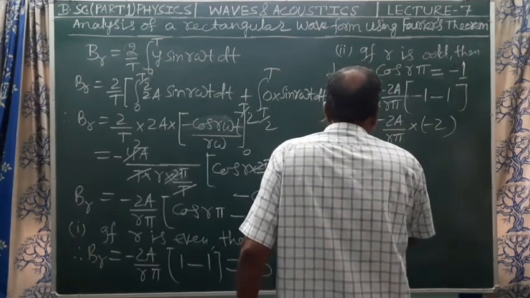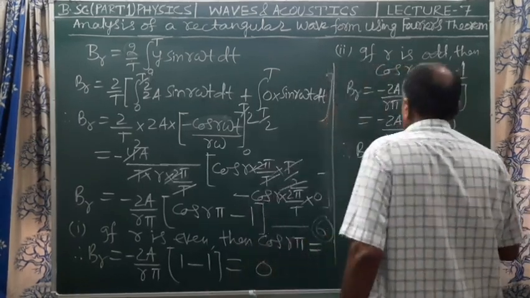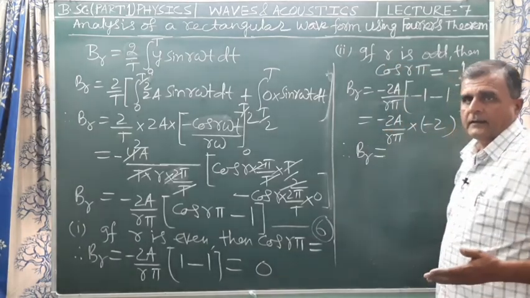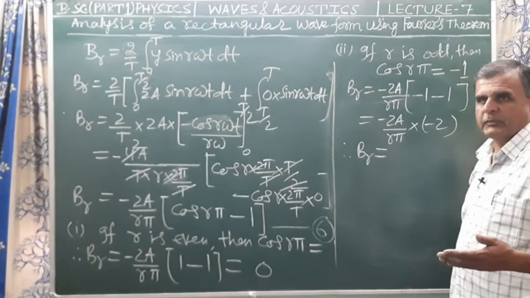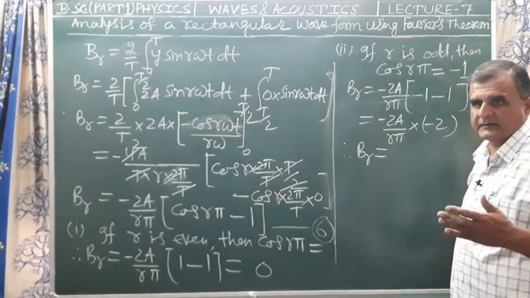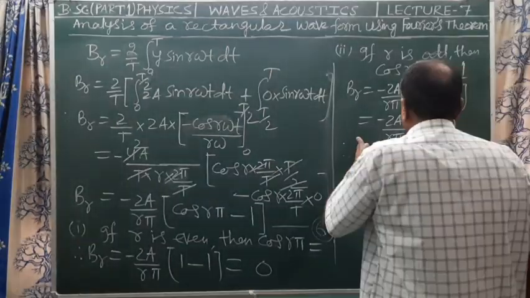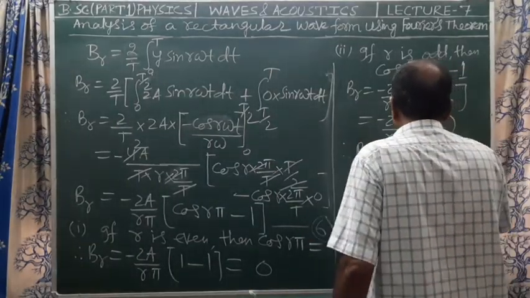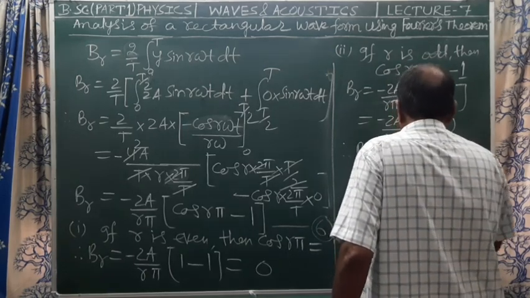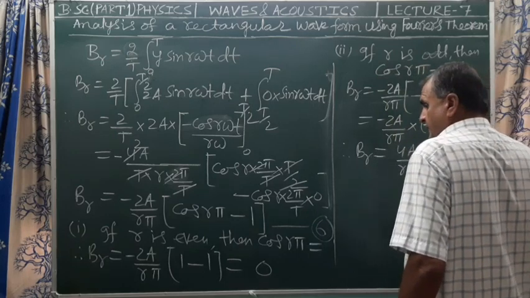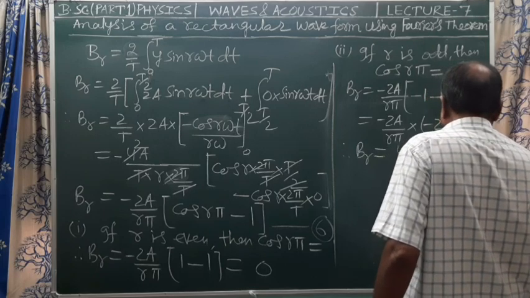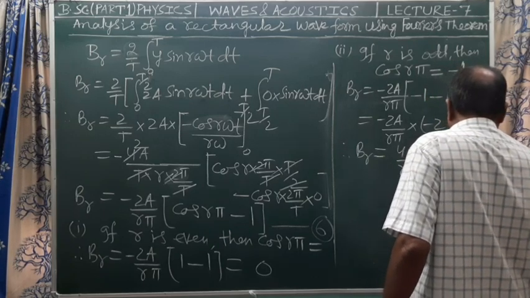Therefore Br, if r is odd, that is the amplitude coefficients of the sine terms, the odd sine terms will survive. So Br equals -2 into -2a, that is 4a upon r pi, and this is equation number 7, if small r is odd.